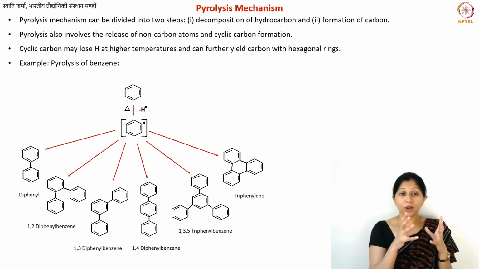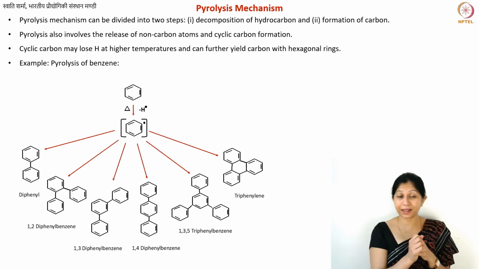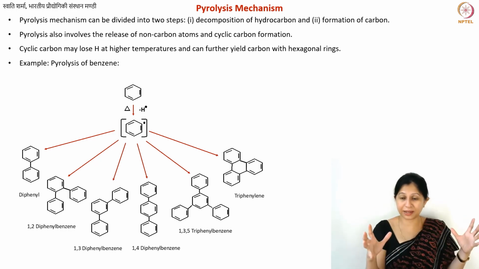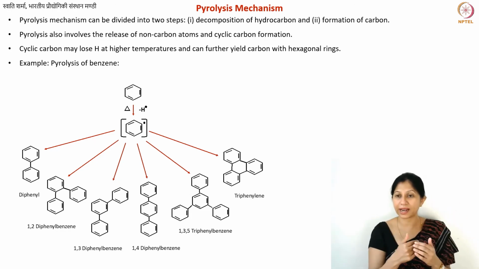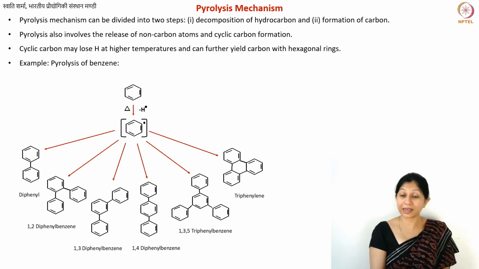Now you have a radical, and then you don't have one radical, but you have multiple such radicals which can attach to each other, which can organize themselves to give you so many different organic compounds. These are still hydrocarbons, they still contain hydrogen.